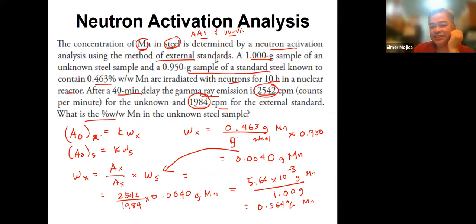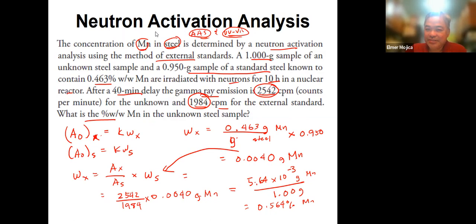Now, what is the advantage here? Let's say compared to AAS and UV-Vis. Anyone? Let's say if you have a facility that can analyze like this, what is the advantage over the AAS and the UV-Vis method? I'm not sure if I discussed with you the terms destructive and non-destructive method.